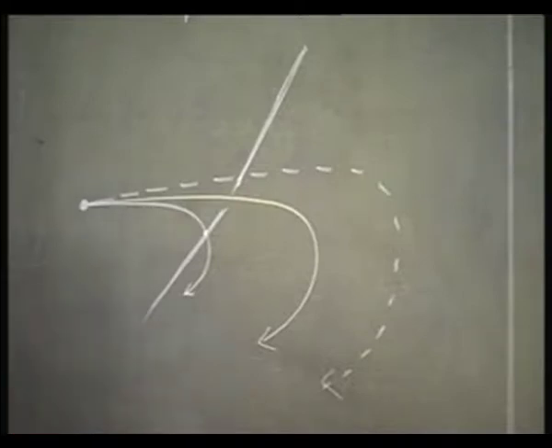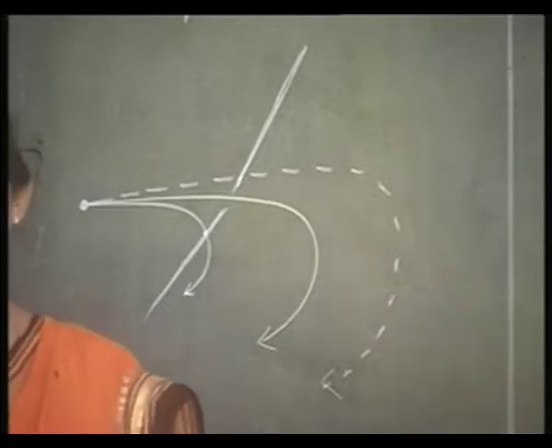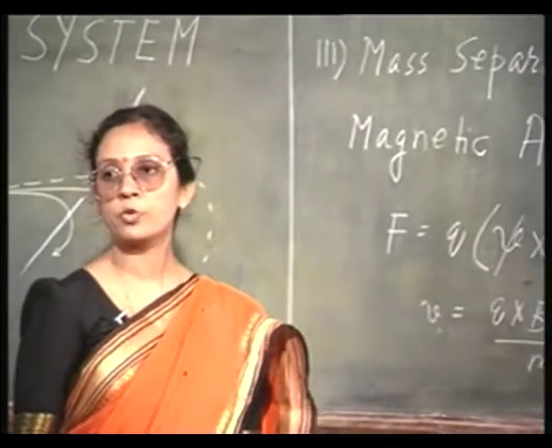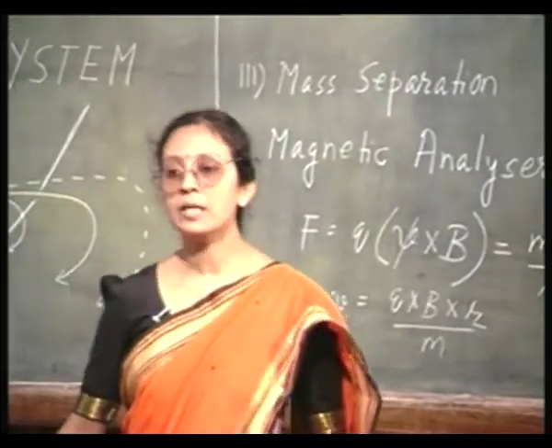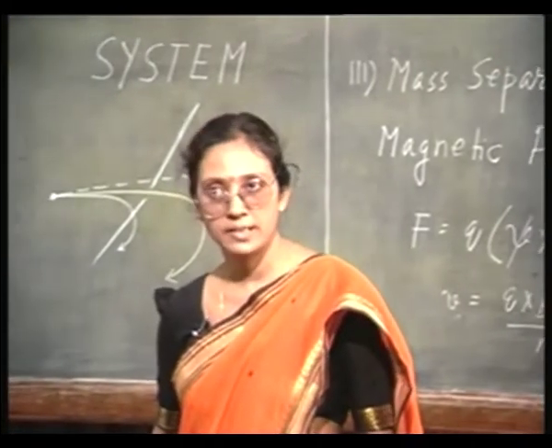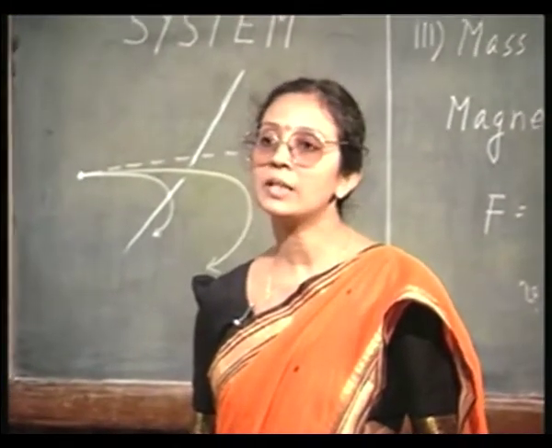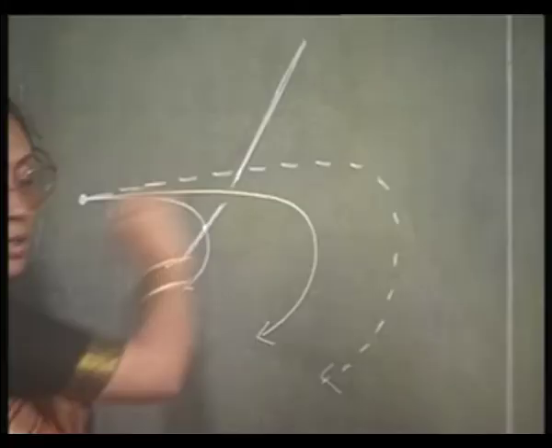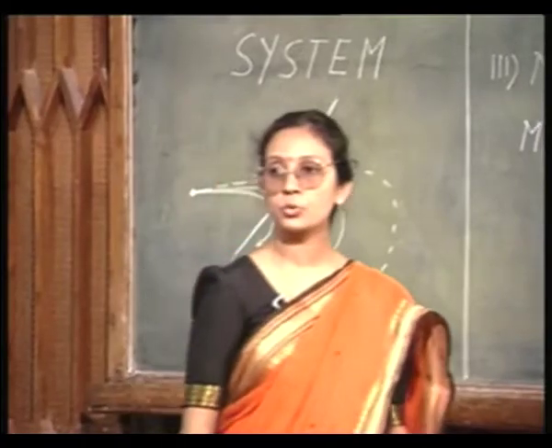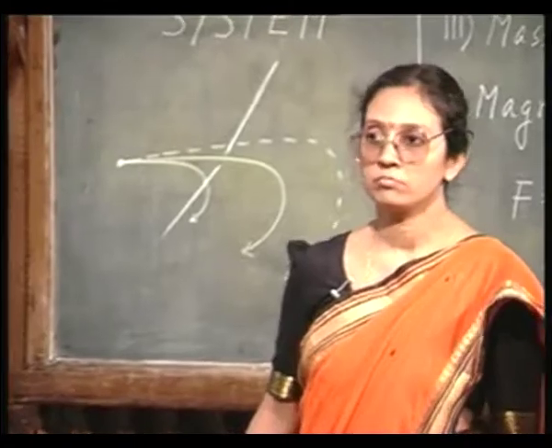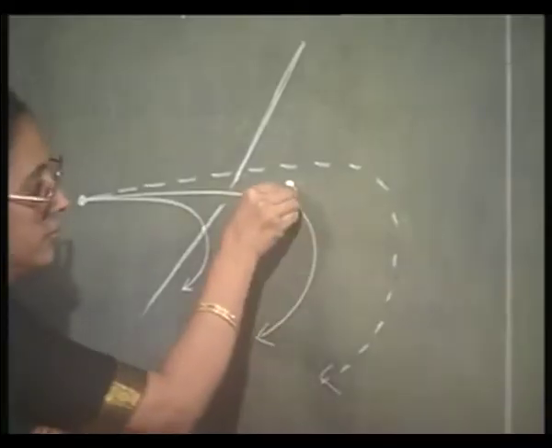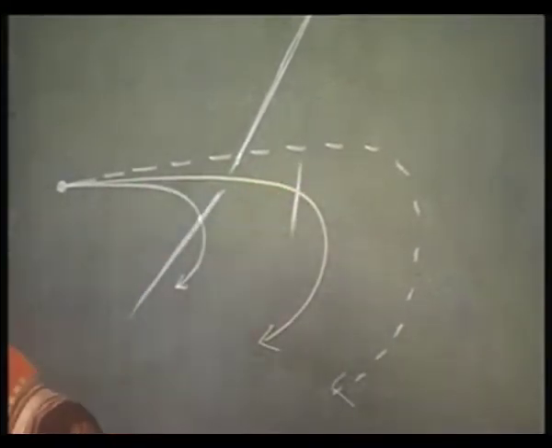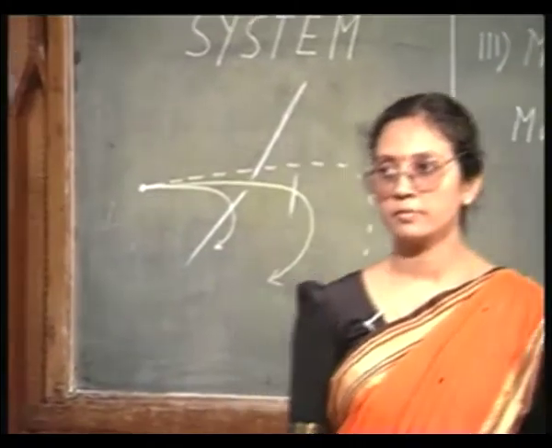So, this is basically the mass separation scheme, because you know that the radius of curvature is proportional to square root of m. You can place a screen with a slit suitably, so that only that particular ion species with this particular mass will pass through this slit, and therefore, you have kept your semiconductor somewhere here. This is where your target is. It will go and hit the semiconductor, right.